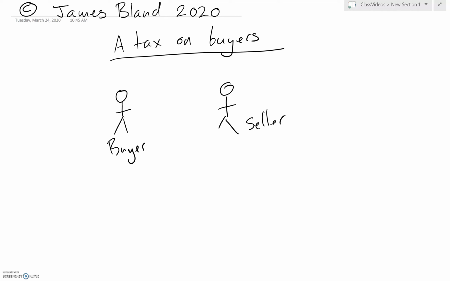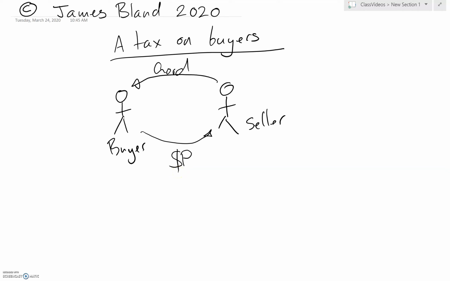And if there is a mutually beneficial trade, then the seller will pass on the good to the buyer, and the buyer will send the seller some money, which in our supply and demand diagram would be P dollars.